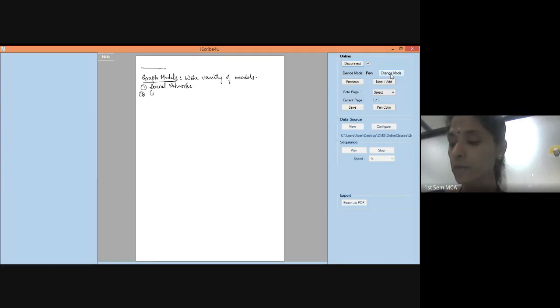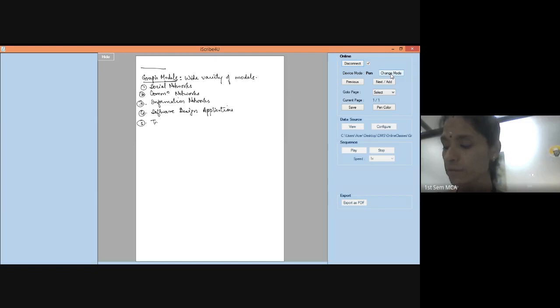Okay, we can make use of graphs to represent communication networks. We can make use of graphs to represent information networks. Then the fourth one, we have software design applications.